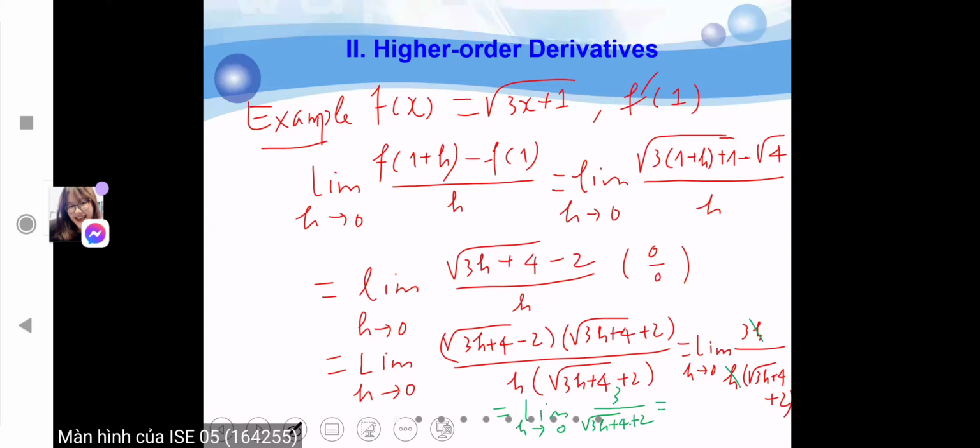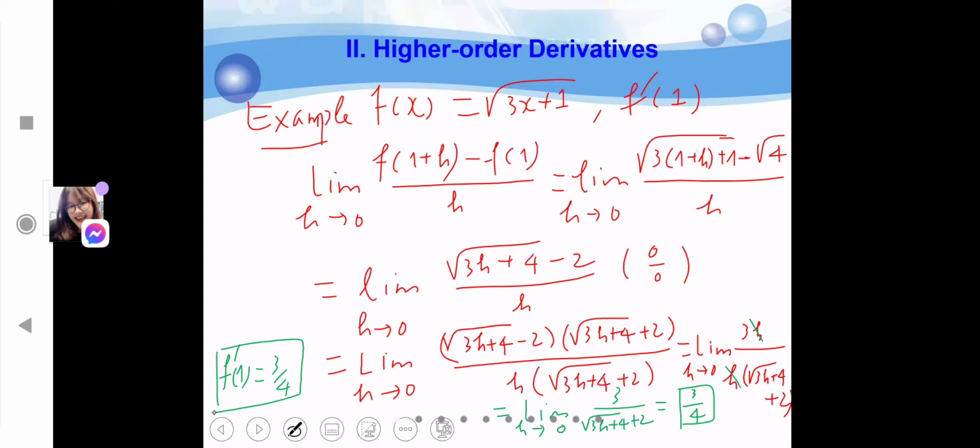Okay, we conclude 3 over 4 is the derivative of the given function at 1. The derivative of the given function at 1 equals 3 over 4. This is the method to find the derivative of the given function at the given point by definition.